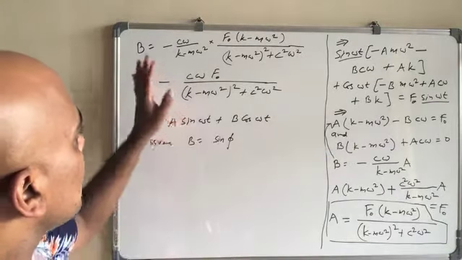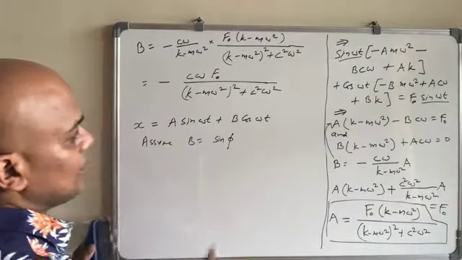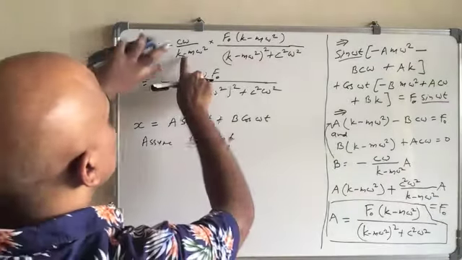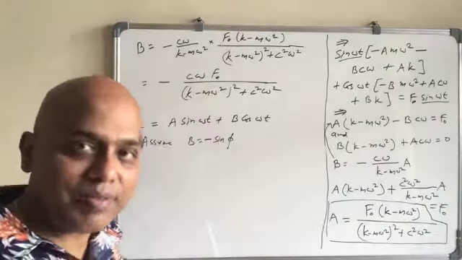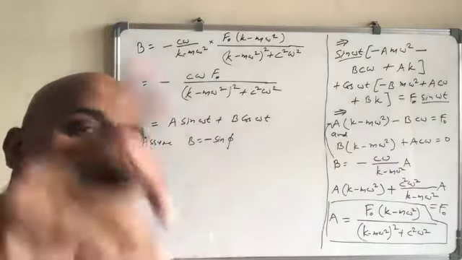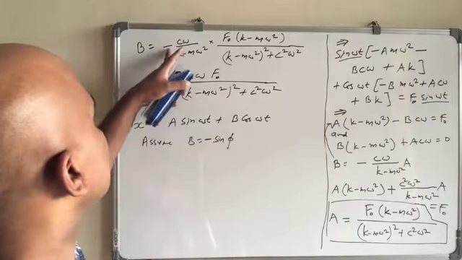Then what do we get? Since b is negative, we can write b equal to minus sine phi, so that we get omega t minus phi. We can write it this way also, because b equals minus something.